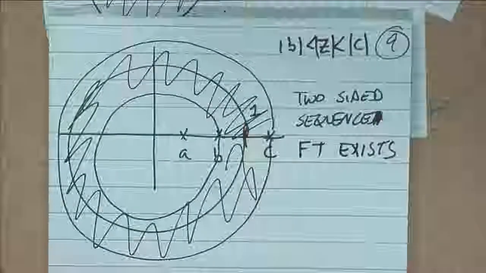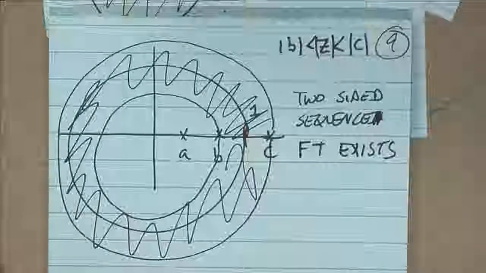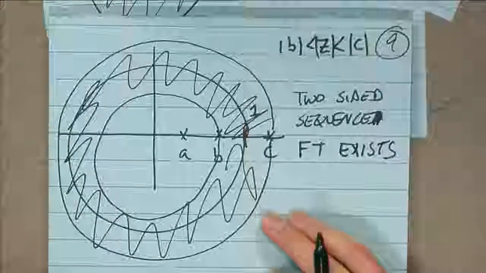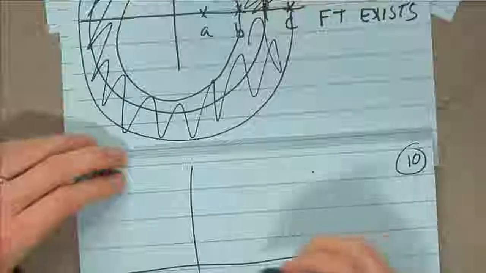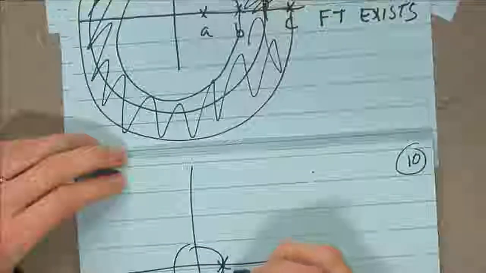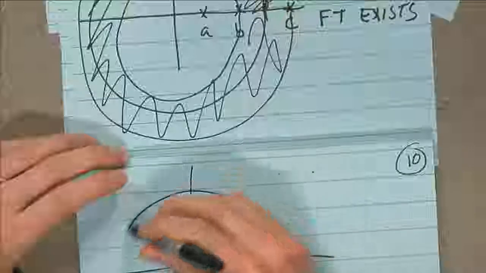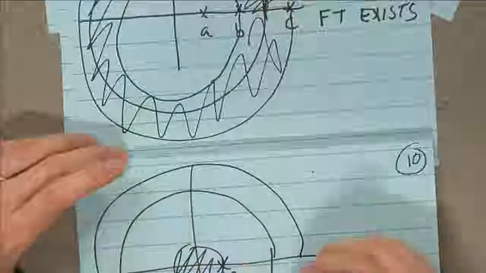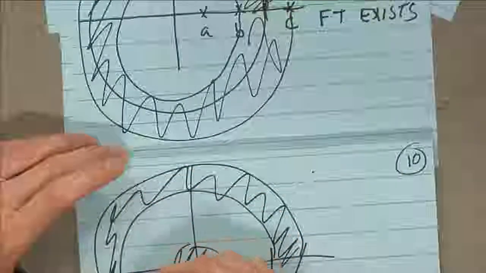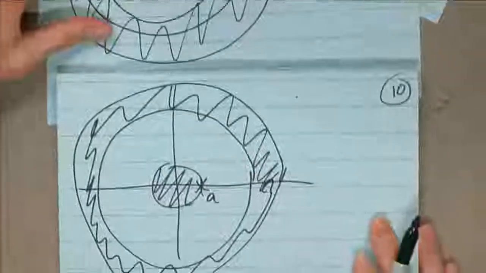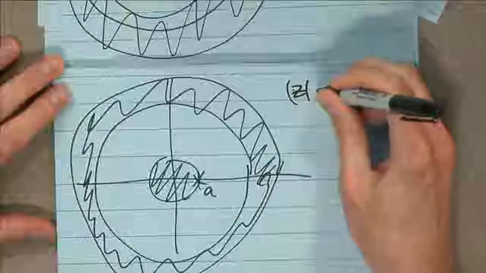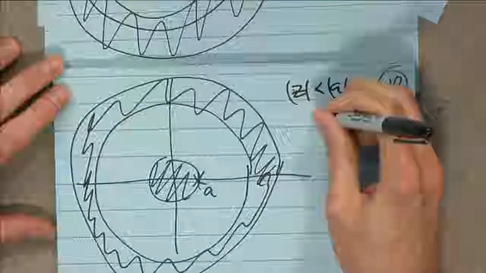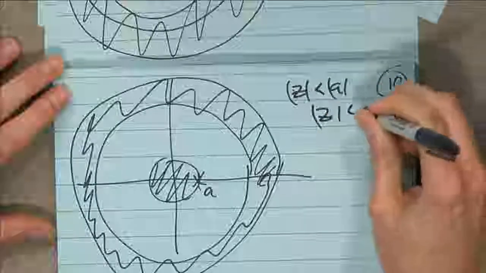So that would bring us now to, that's all the possible ones. Now, you could obviously make a mistake and think A, and do this and say Z less than A, and then Z between B and C, and you'd be wrong.